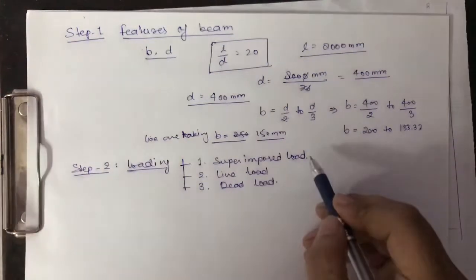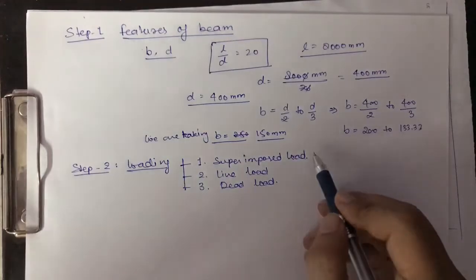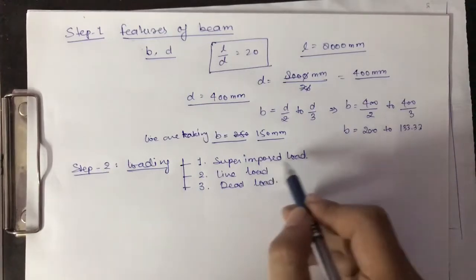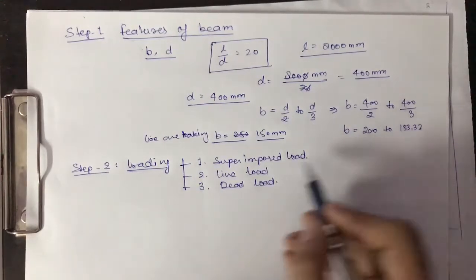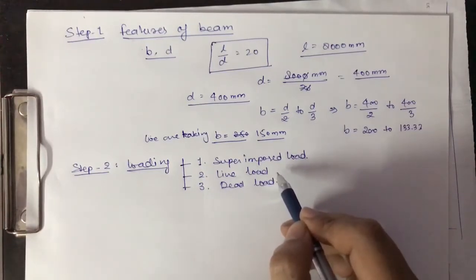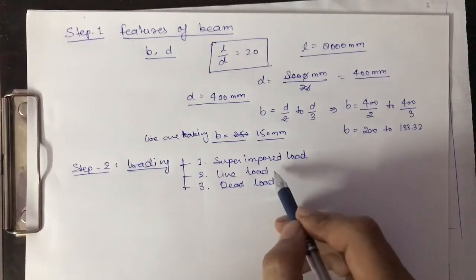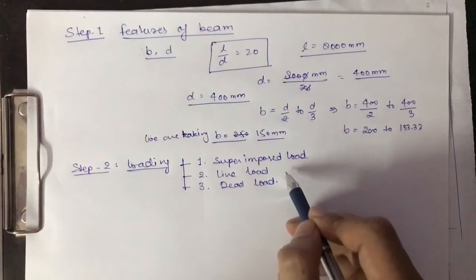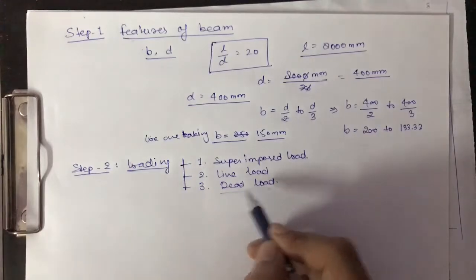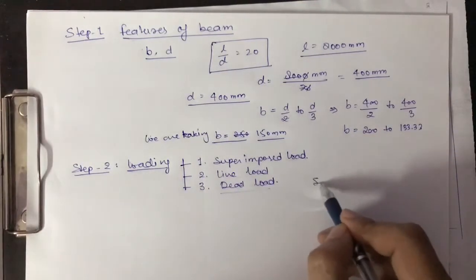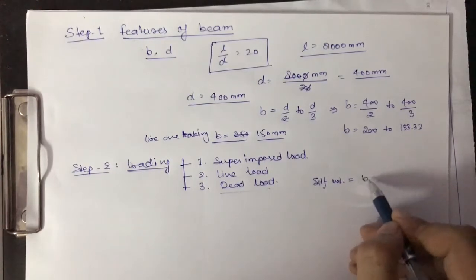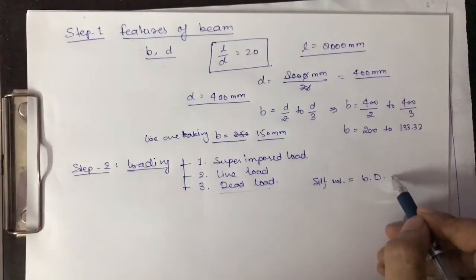So superimposed load is that kind of load which will act on the beam after the construction, after the structure is ready to use. It's like our human load, etc. And live load consists of the loads which act on the beam at the time of construction, just like crane load, instrumental load, the loads of labor, etc. And the dead load is the self weight of the structure, and the self weight of the structure is calculated by width into overall depth into density of concrete.